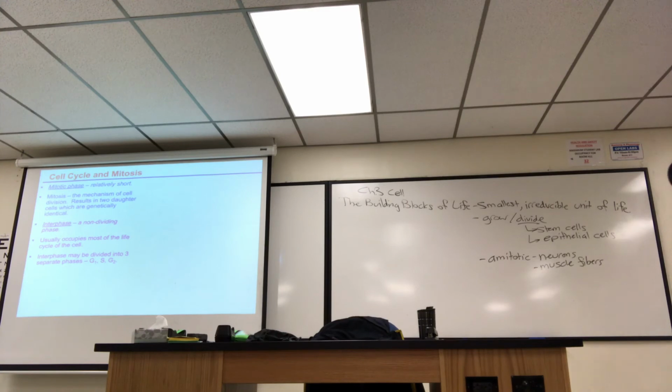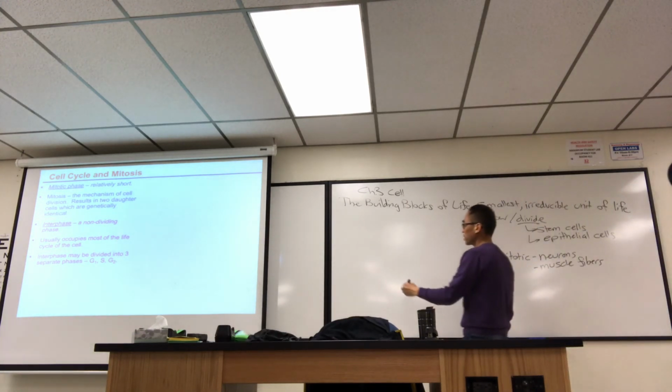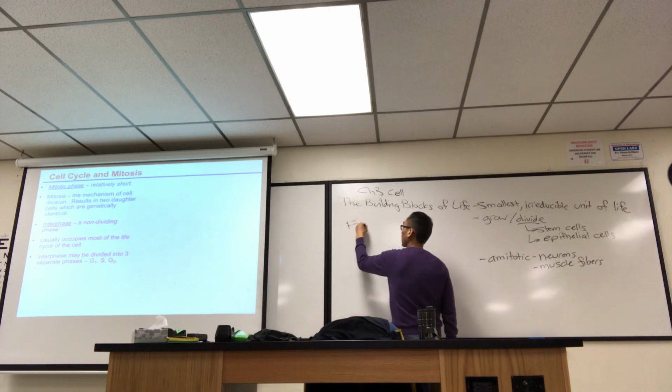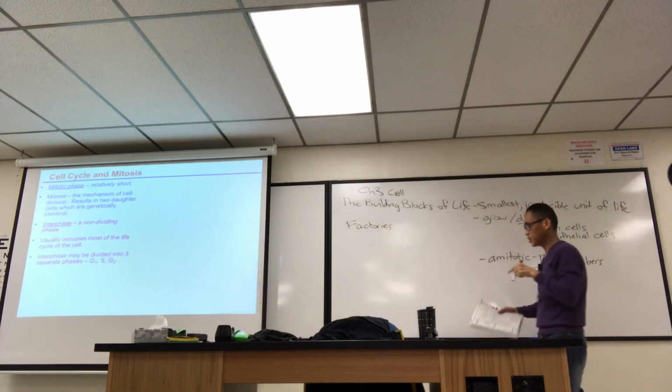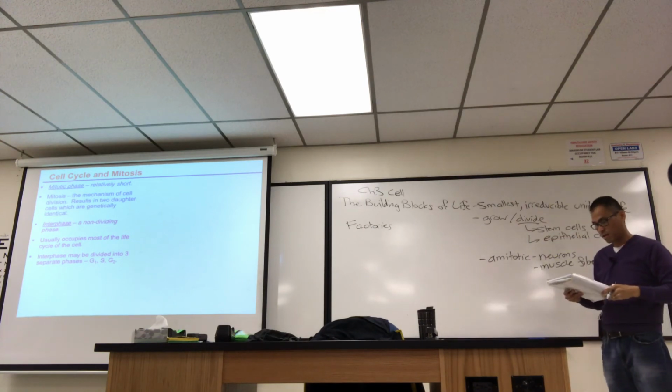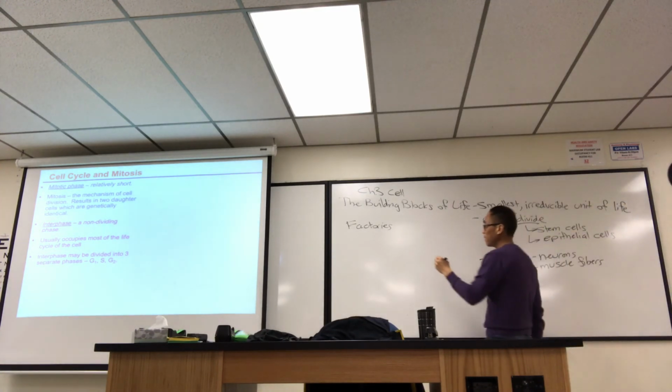Now, what we study here in chapter 3 is mostly, think of them as factories. Because when we study transcription and translation, that's kind of the factory function of these cells. I mean, they can make thousands of different molecules.